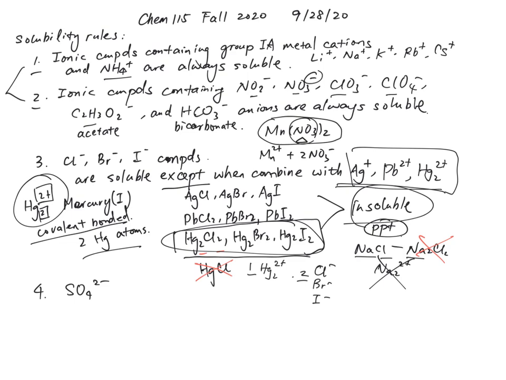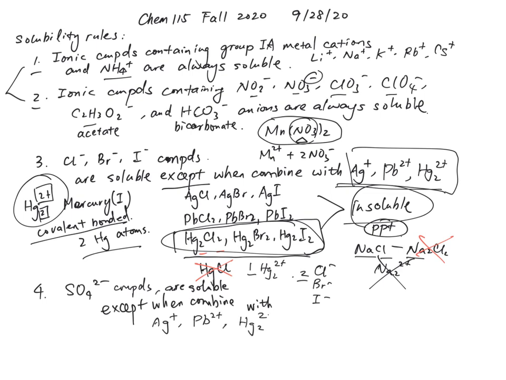Okay, now sulfate ions, okay, compounds are soluble except when combined, so same wording, with this time 6 positive ions. 3 you already are familiar with: silver ion, lead ion, and mercury 1 ion.